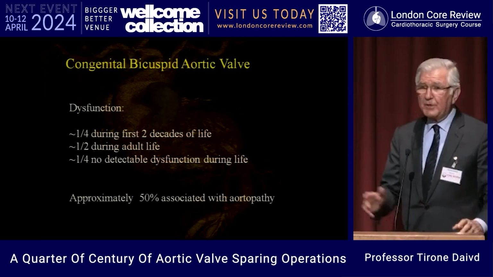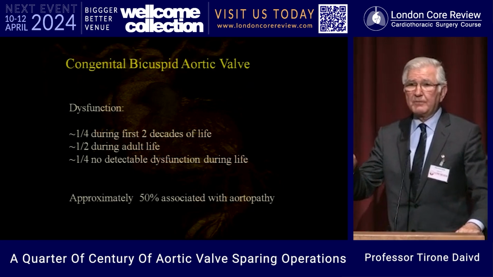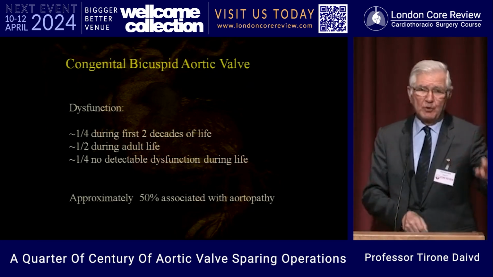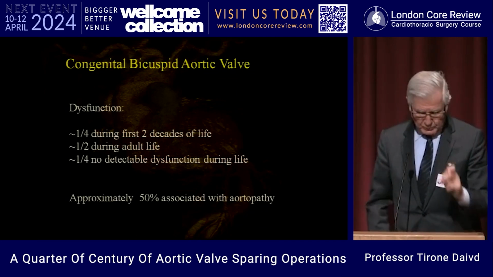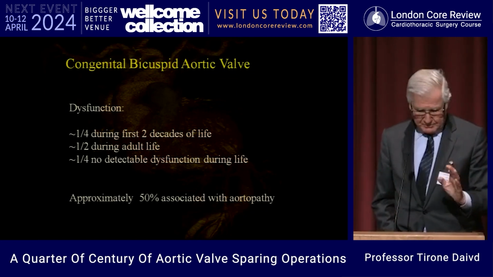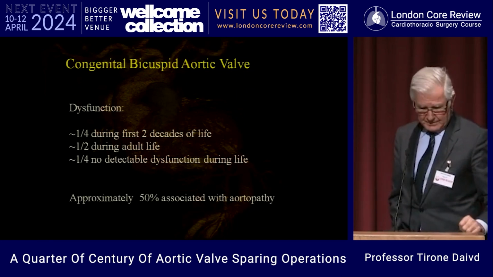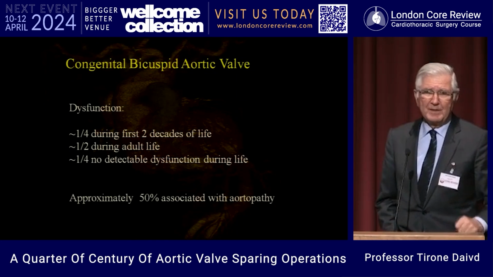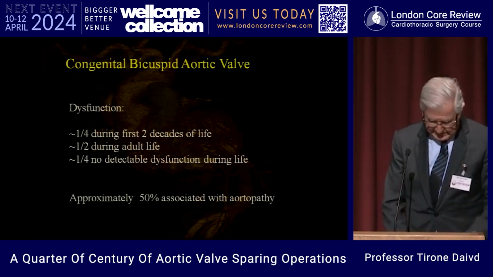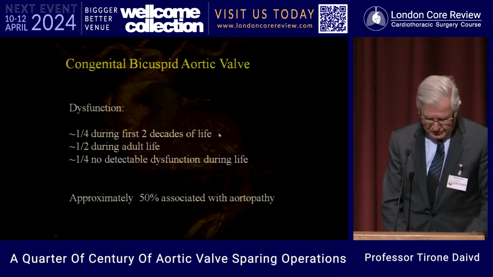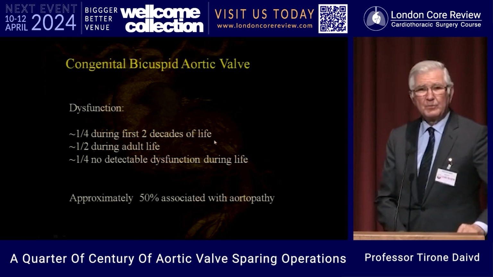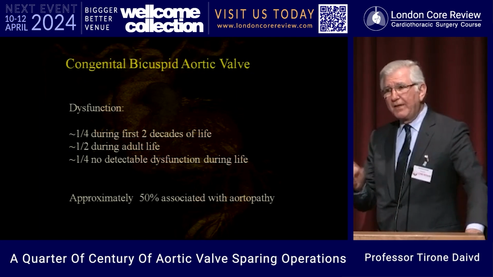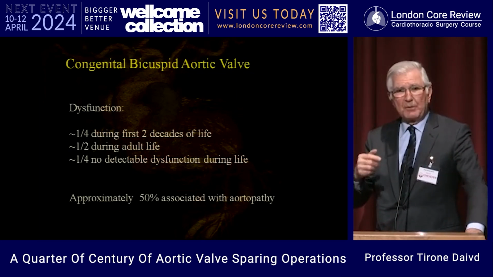If you look at the natural history published from Olmsted County in Minnesota or in Toronto, Ontario, 1/4 of them present themselves in the first 2 decades of life. And those are the ones where we can change their life with valve sparing or valve repair, because most of them present with aortic insufficiency.